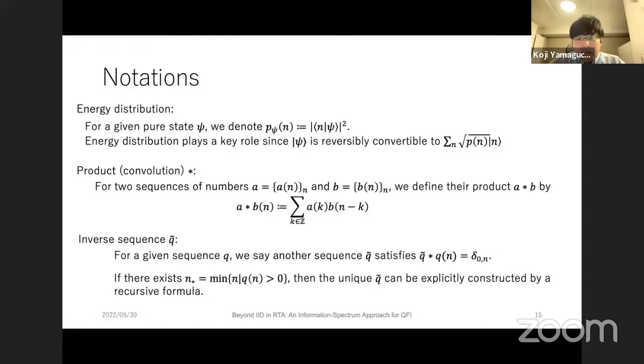An important thing is that such an inverse sequence can be constructed explicitly by using a recursive formula, which I am not showing here, if the support of the sequence is bounded below. And as we shall see later in the analysis, the inverse sequence for the energy distribution plays an important role.